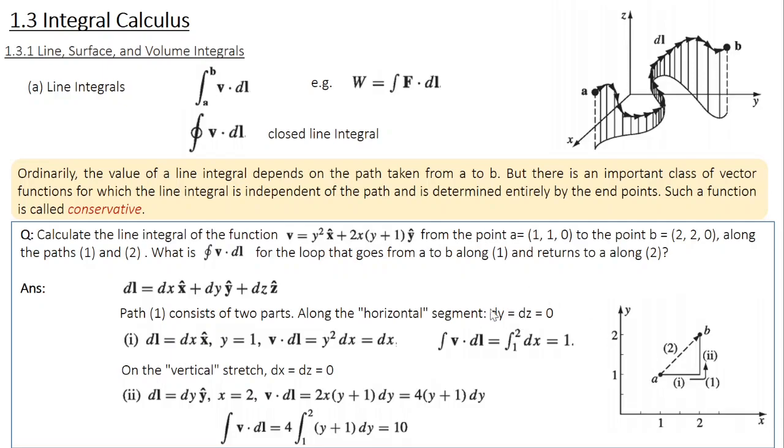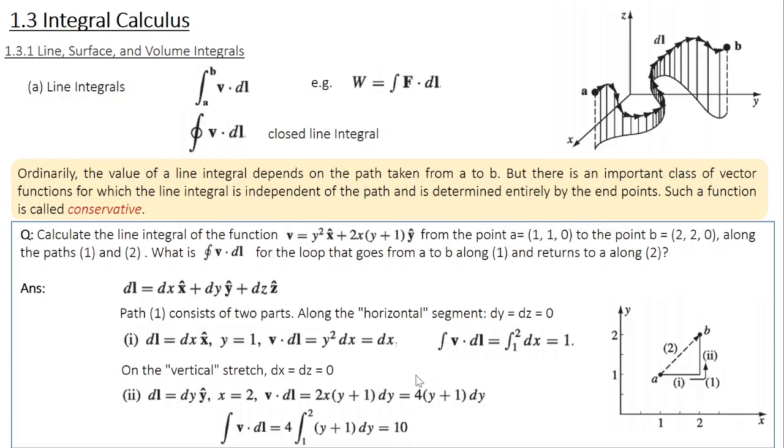Consequently, the displacements along y and z are 0. So dl is just dx x cap. And along this path, the value of y is constant, y equals 1. So v dot dl, since you have only the x component, is y² dx, with y equal to 1, so this is equal to dx.